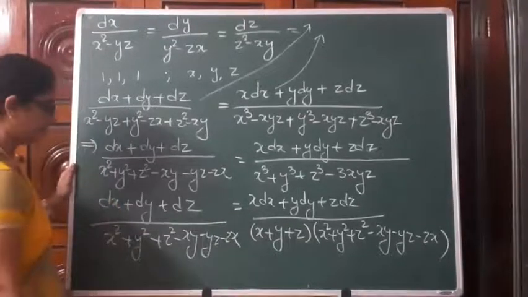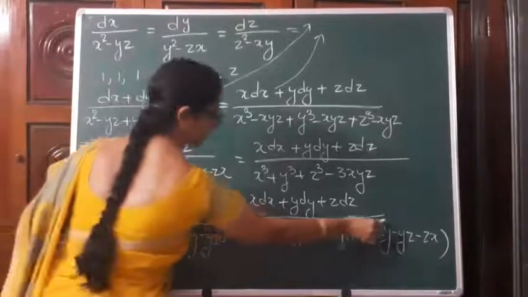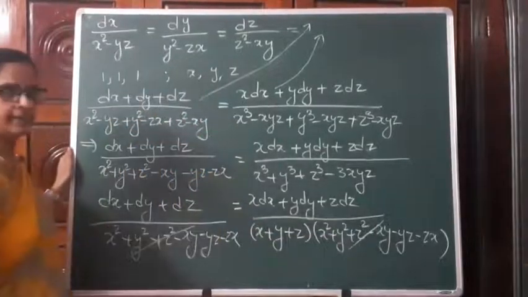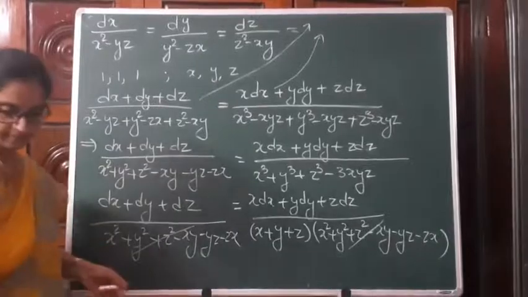Now look at the denominators. This term can be cancelled in both the denominators. So what are we left with now?